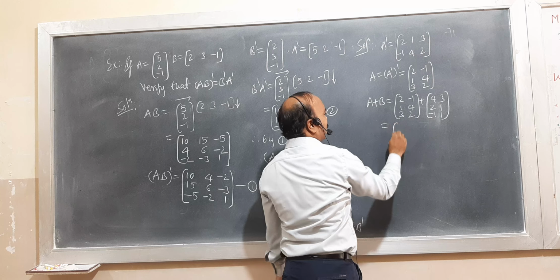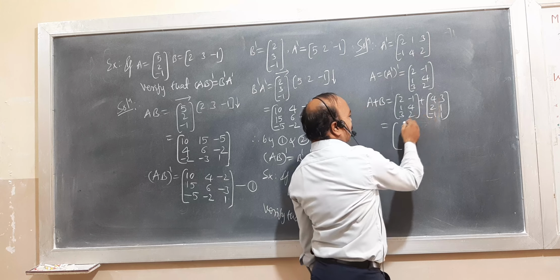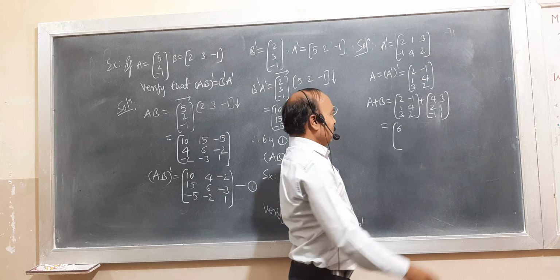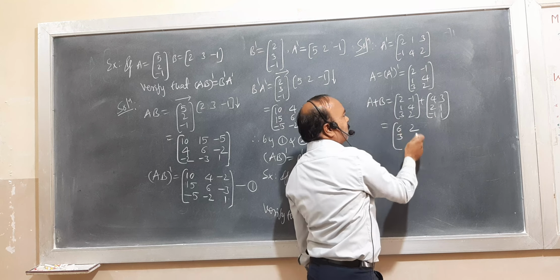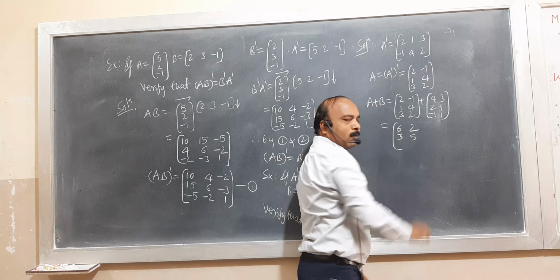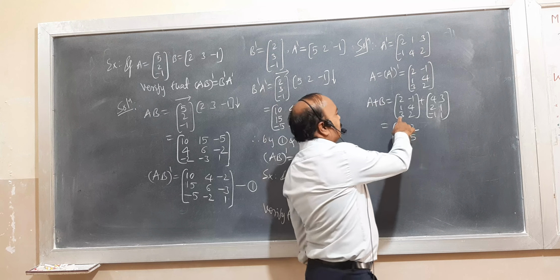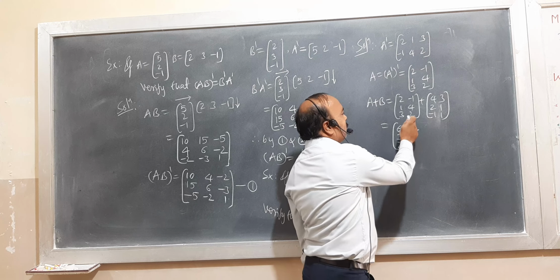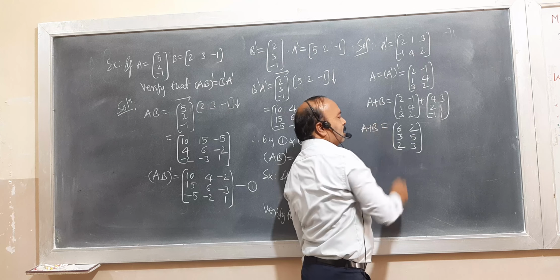Now add these two by addition of matrices. Corresponding elements: 2 plus 4 is 6, minus 1 plus 3 is 2, 1 plus 2 is 3, 4 plus 1 is 5, and 3 minus 1 is 2, 2 plus 1 is 3. It is A plus B.